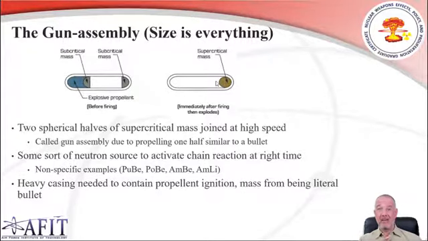It's going to have to be able to contain whatever explosion you set off in order to drive the two halves together. And then as a tertiary, it's going to have to contain your fission chain reaction until enough energy is generated so that you get a nuclear yield. Now, this becomes important in the next lesson talking about X-rays because the casing and how the weapon's constructed actually has an impact on what kind of X-rays we see.